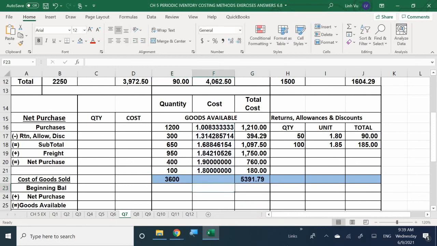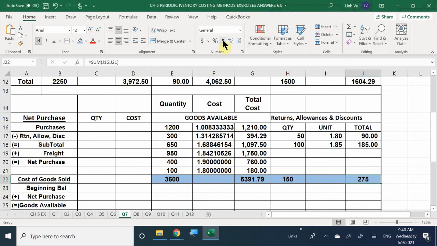Excellent. And how much in grand total did I return for my quantity? 150. And how much was my total refund? $275. Cool.